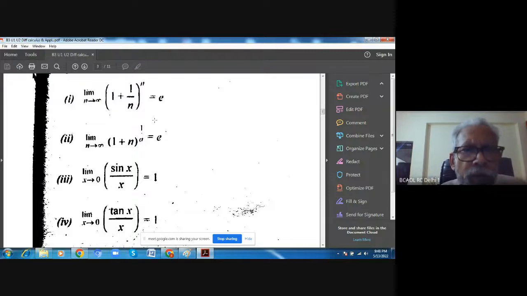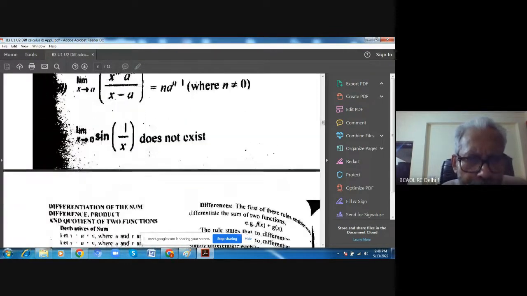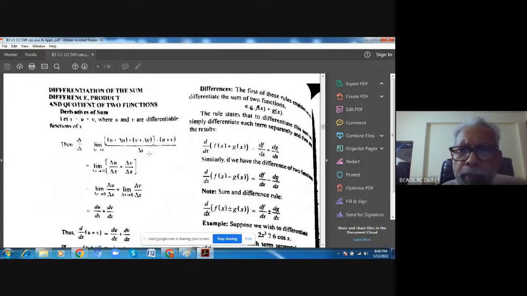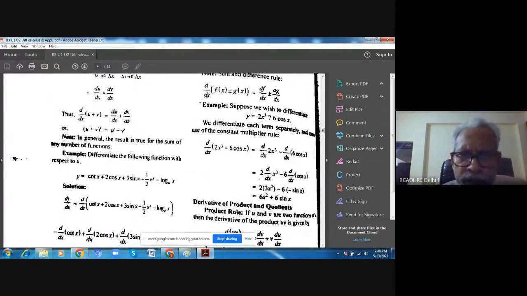The limit is given, and some of the formulas. Same thing. Almost everything is explained in your study materials also. I'm just trying to explain this portion also.